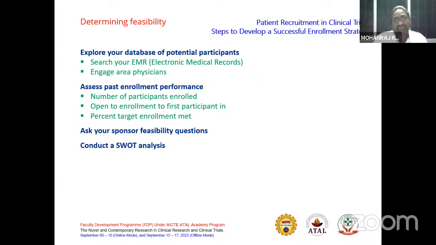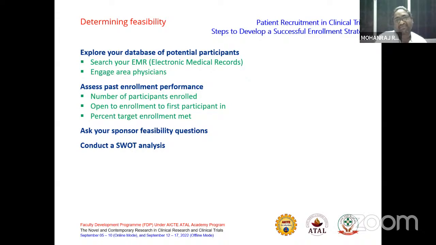And once we have planned to explore the EMR and we have a very good team of physicians, the next thing is to assess the past enrollment performance in the particular organization: the number of participants enrolled previously, what percentage of enrollment was already met, and what the open enrollment we are going to plan going forward.